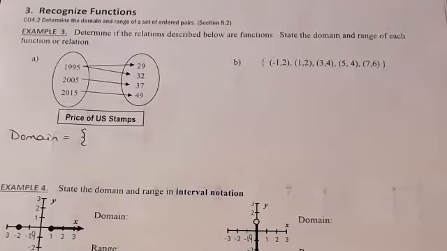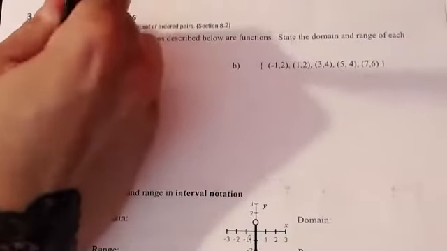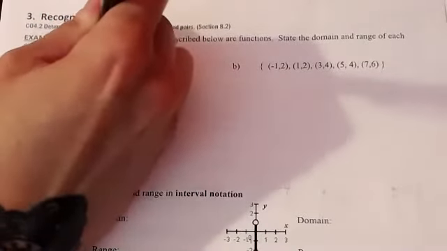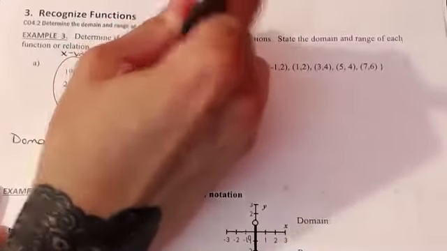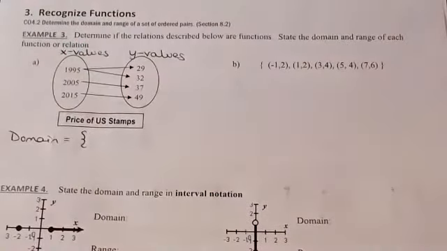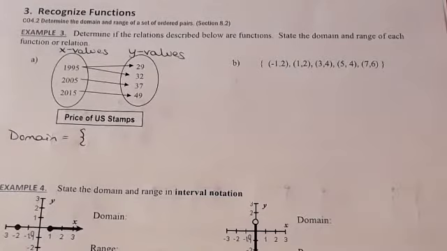I will tell you that your first set of values is going to be your independent variable, which is going to be your X values, which means they're being mapped to your Y values. Think input, output, right?